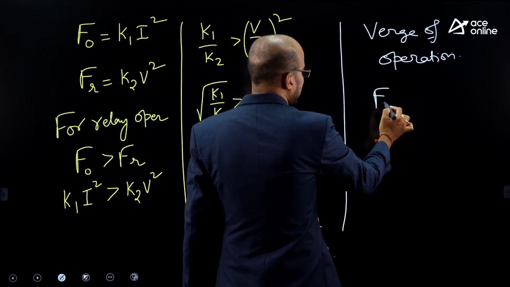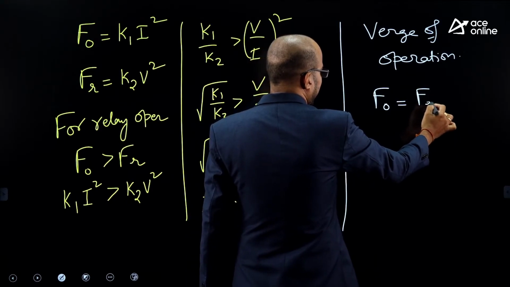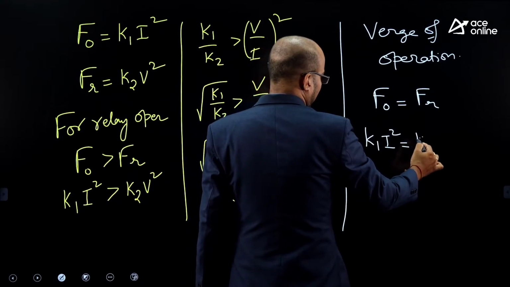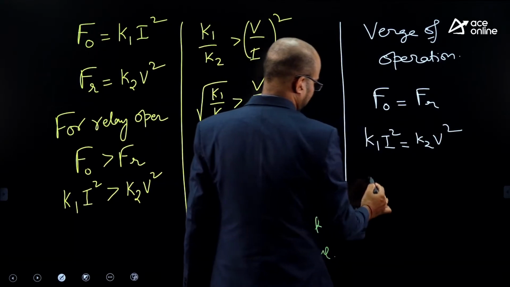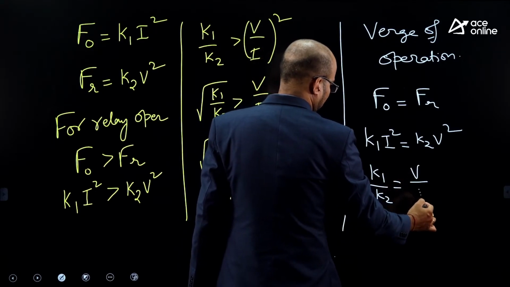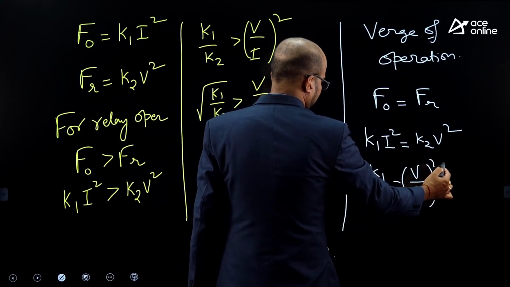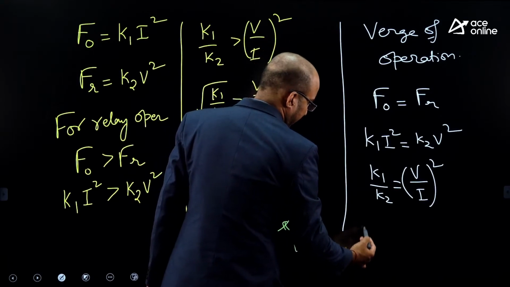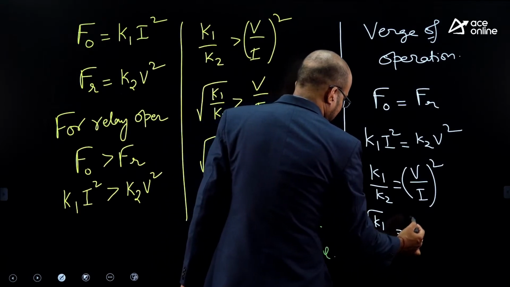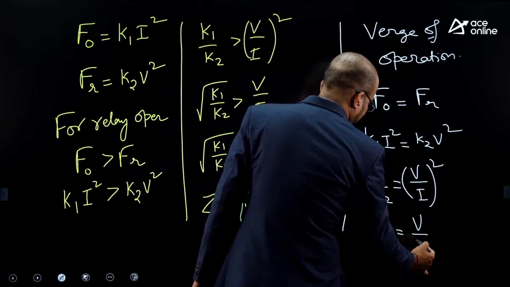So F0 is equal to Fr, that is K1 I square is equal to K2 V square. So what you get here? K1 by K2 is equal to V by I whole square. You can write it as under root of K1 by K2 is equal to V by I.